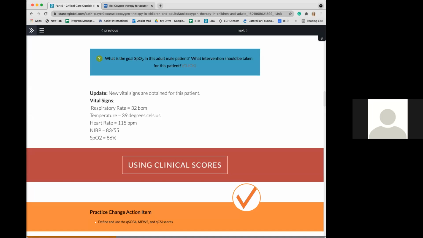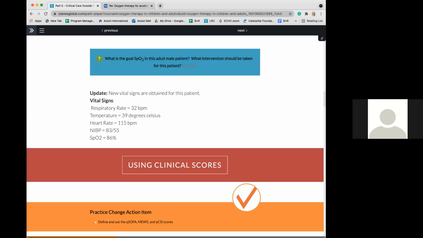The respiratory rate is now at 32 breaths per minute, and the temperature is at 39 degrees Celsius, and the heart rate is 115 beats per minute, and the non-invasive blood pressure is dropping. It's at 83 over 55 millimeters of mercury, and the oxygen saturation has dropped further down to 86%.